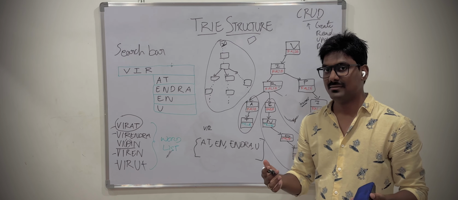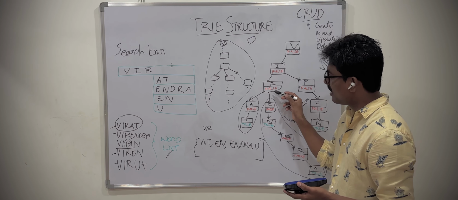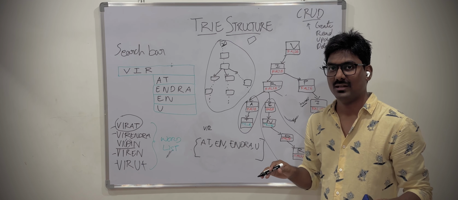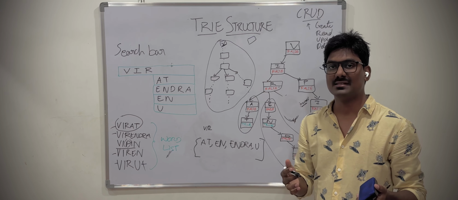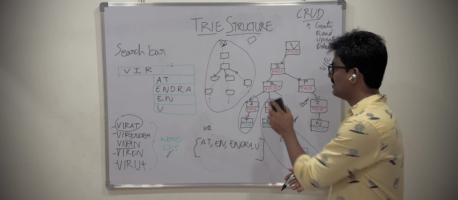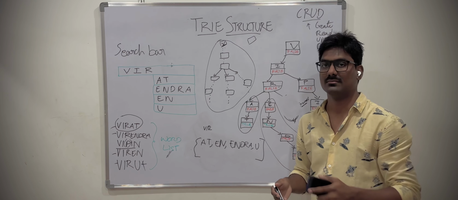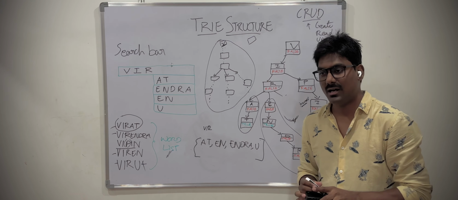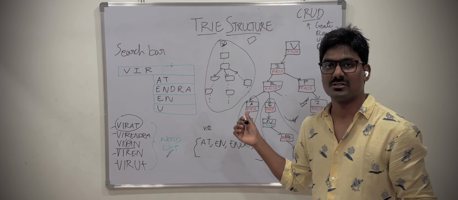Since that has children, we will not do anything. If that also doesn't have children, we'll just remove it and keep going on. That's how the delete of a word in the trie structure will work.